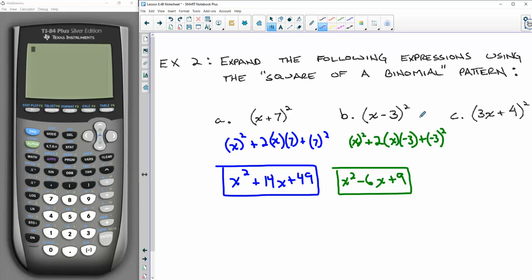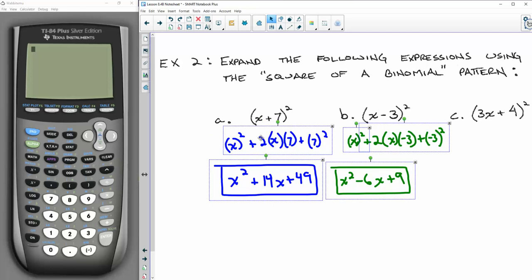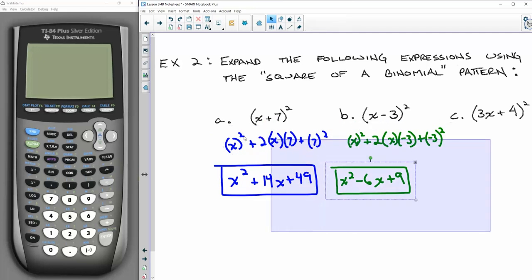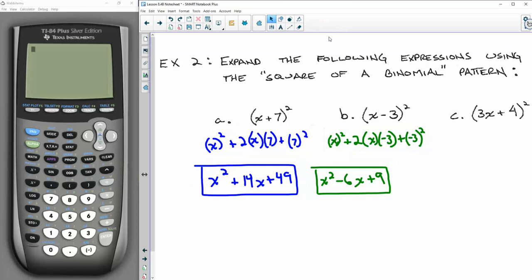Okay, and this last one. All right, we're going to take that first term, 3x, and we're going to square it.